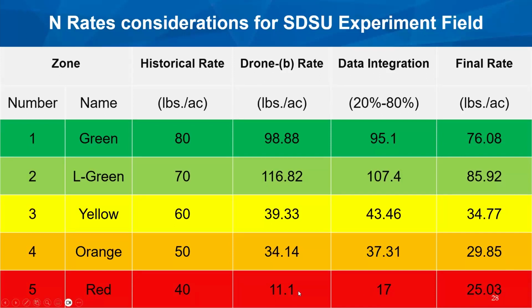As you can see here, the drone says 11.1 pounds of nitrogen, but we couldn't apply that much, so we ended up applying 25.03. But for the rest of them, we reduced the rate per acre.